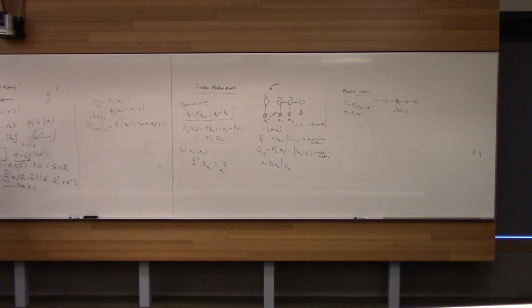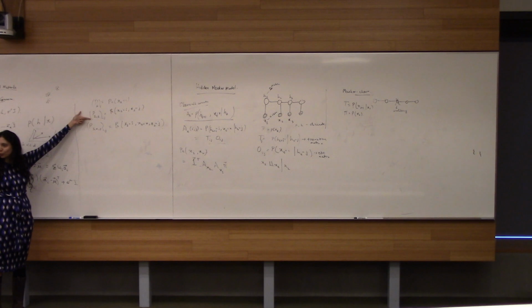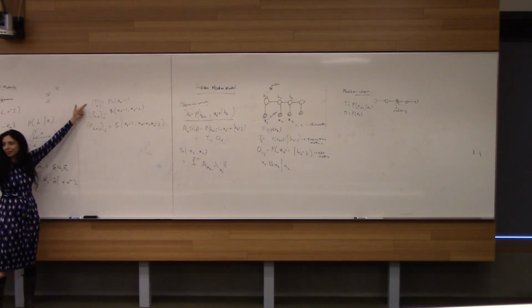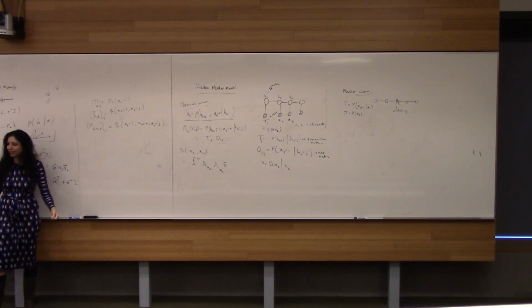So what did I do here? I looked at the distribution of the first three measurements. The joint probability of all three is here. This is just the joint probability of two of them, and this is just the marginal probability of the first. So I'm sequentially growing: I start with the first random variable, I look at the first two, I look at the first three.